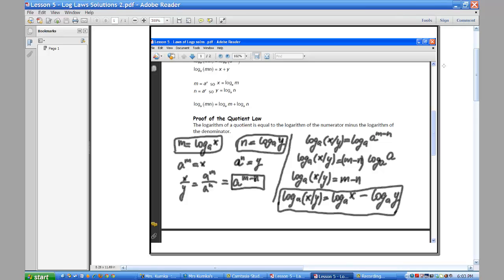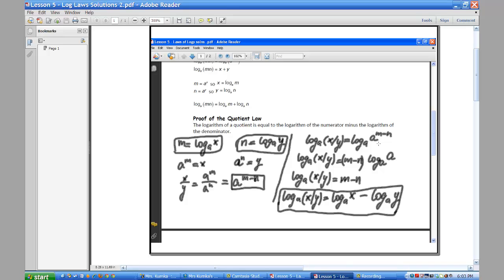Then, if I want to divide, log of base a of x over y, I'm going to equal it to log a of a to the m minus n power. The bases are the same, and I'm going to use the power law.